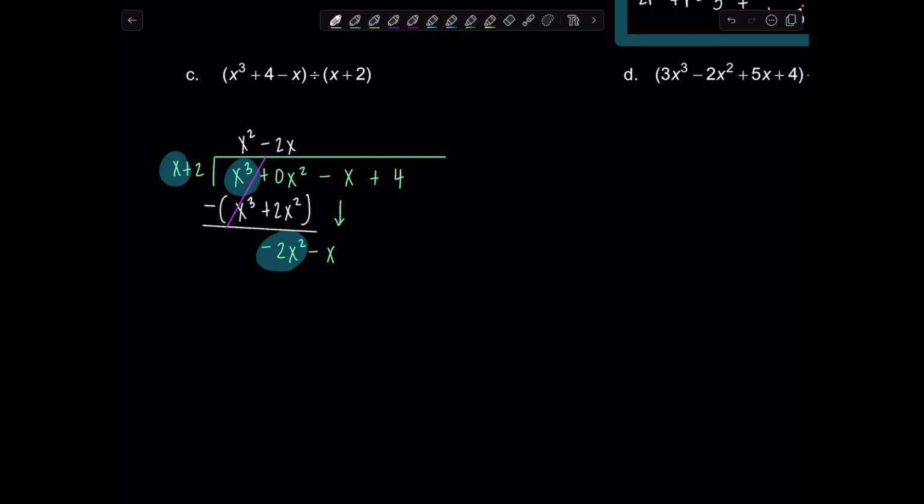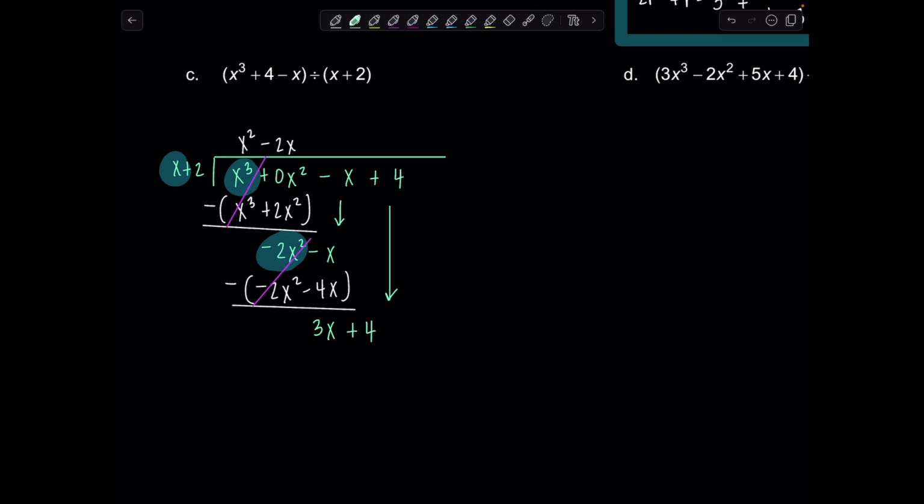So that's going to be negative 2x squared minus 4x. Step 3, we subtract. So this cancels out. And then this is negative x plus 4x, which is positive 3x. Fantastic. And then step 4, bring down, plus 4.